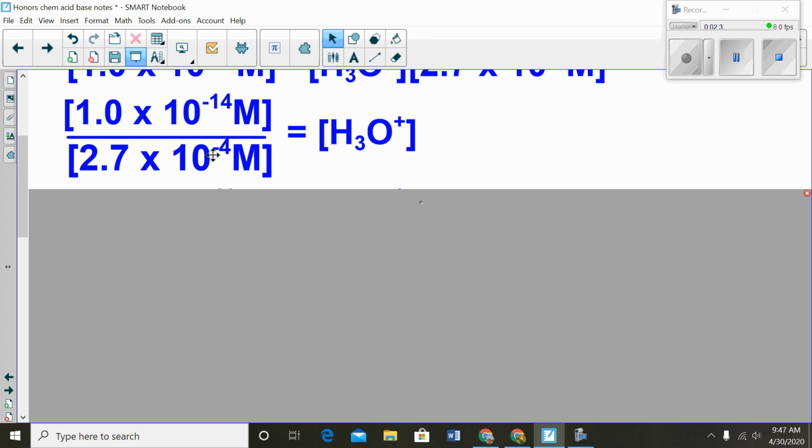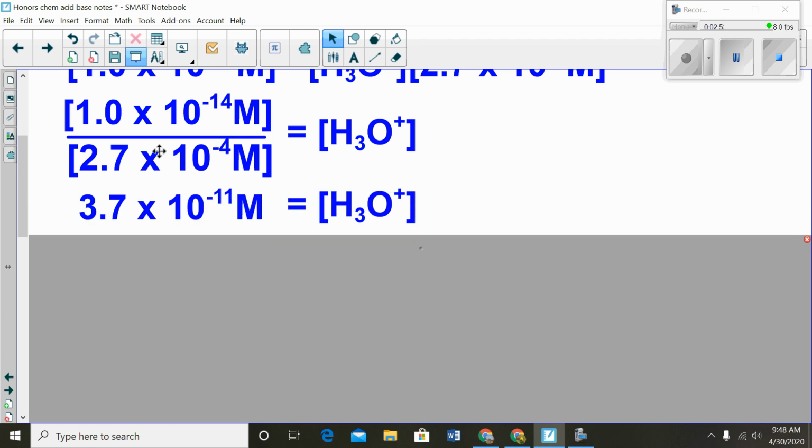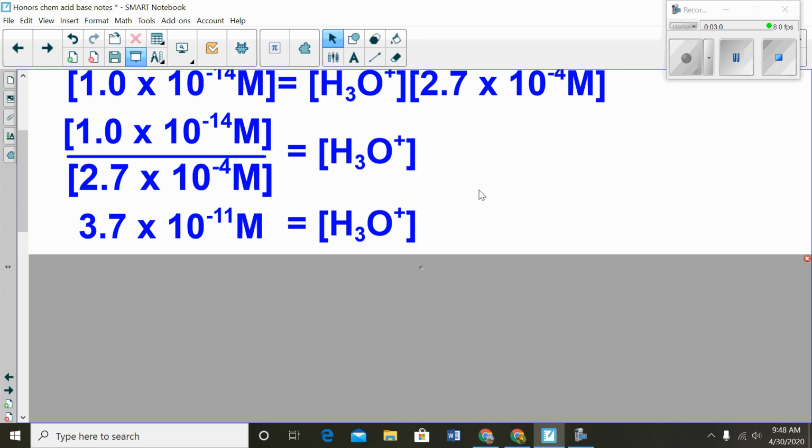So to plug this into the calculator, it's 1.0, hit the EE key to the negative 14, then hit divide, 2.7, the EE key to the minus fourth, and this is your answer. Whether or not you use parentheses is up to you, but it should still work as long as you are using the EE key.